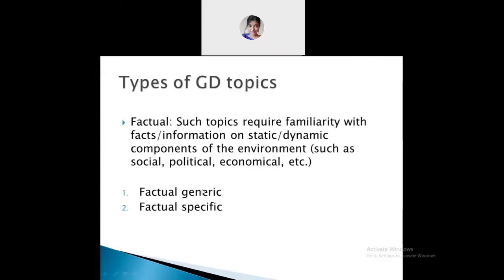Factual topics can be divided into two categories: factual generic and factual specific. A factual generic topic is related to anything real that has taken place or is currently taking place, but some general events, whereas a factual specific topic is related to particular events, particular occurrences, or particular happenings.